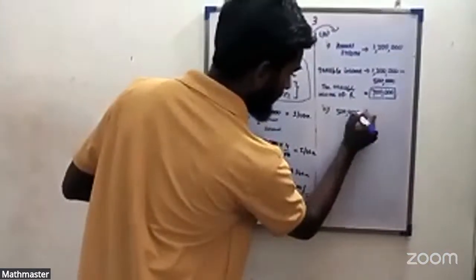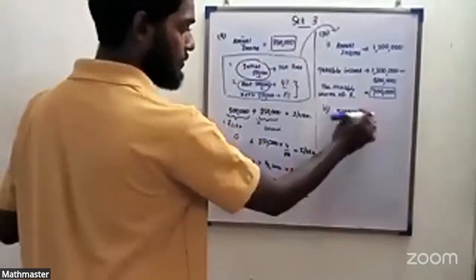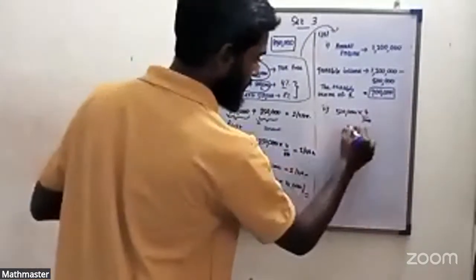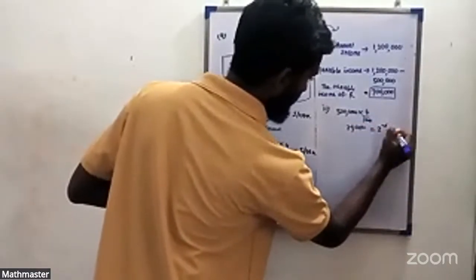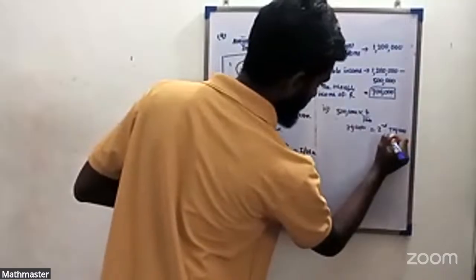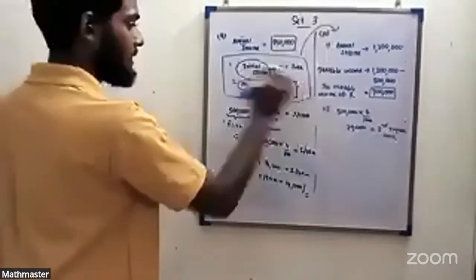You can cut these two zeros. 5,000 times 4 is 20,000. So this 20,000 is the tax for the second 500,000.